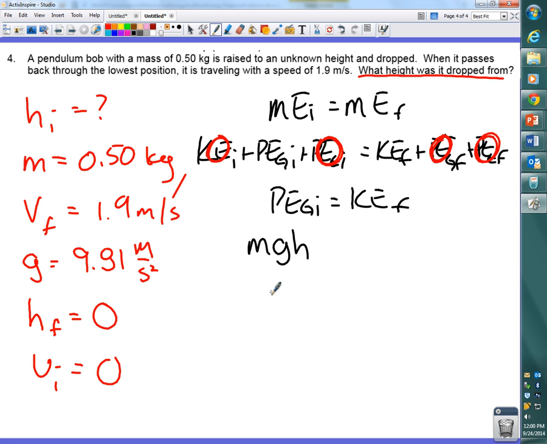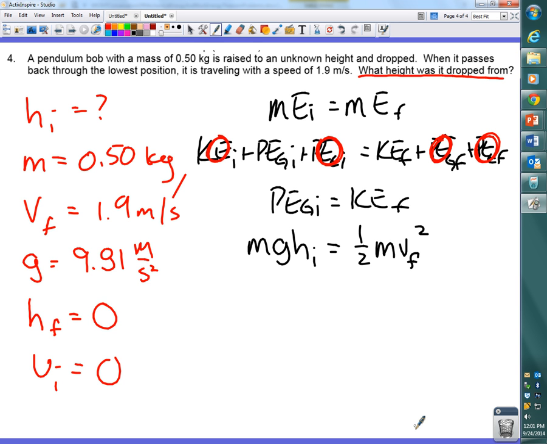And which height are we worried about for this part of the problem? To calculate the kinetic energy, what do we have to know? And in this case, because we're talking about the ending of this problem, we want that. Good there. All right.